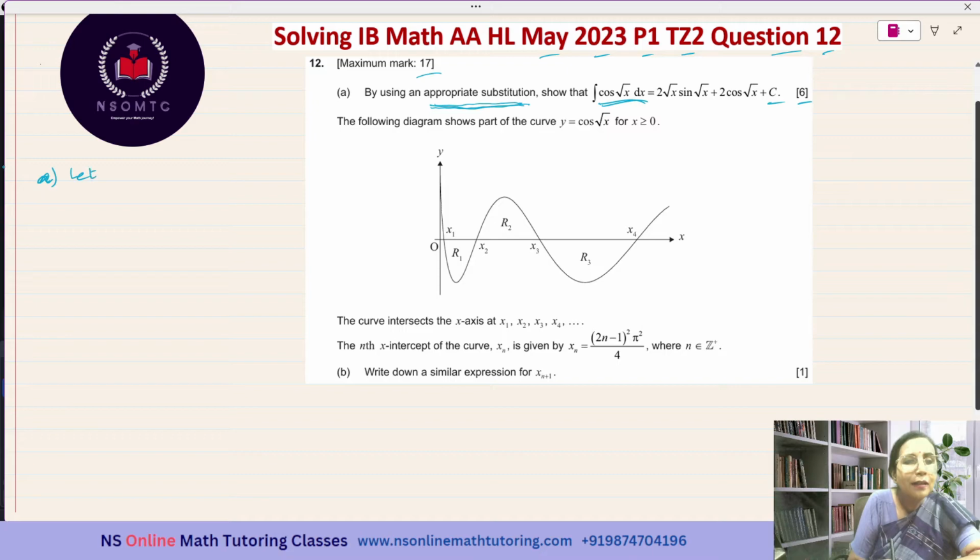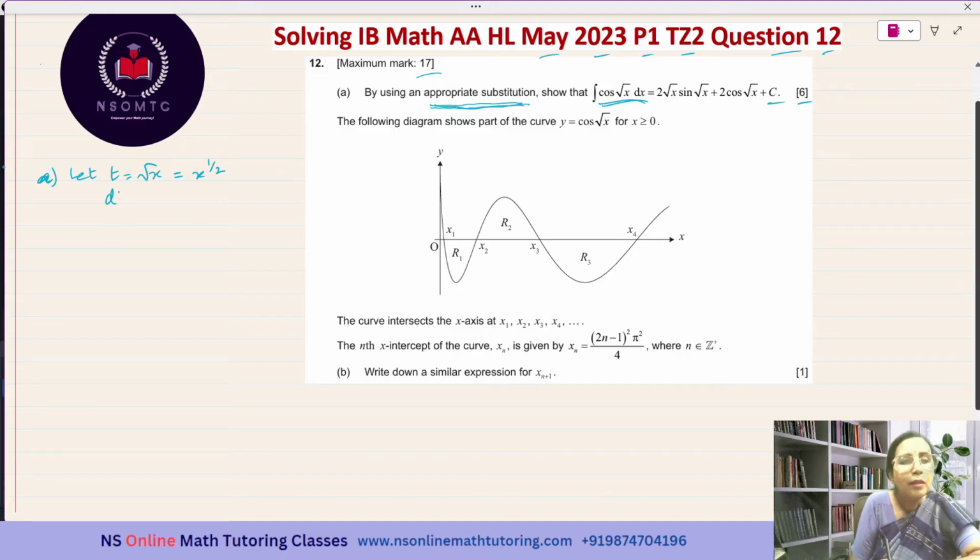Let t equal to root x. This can be written as x to the power of half, because in calculus you cannot keep the radical sign. So I am writing square root of x as x to the power of half.